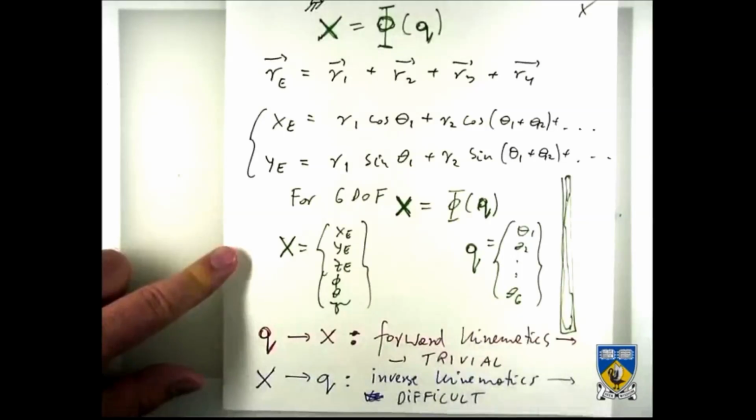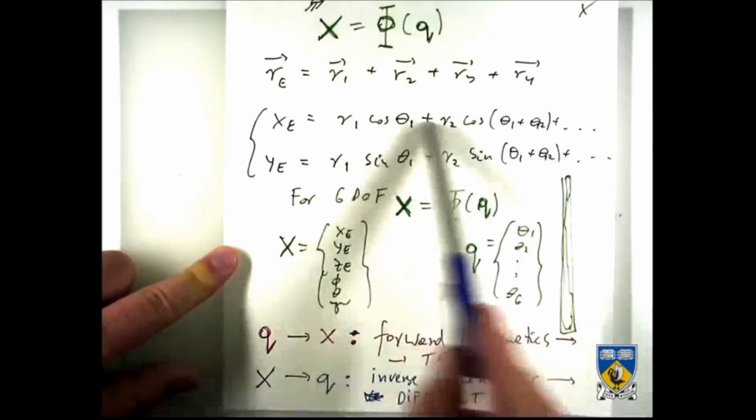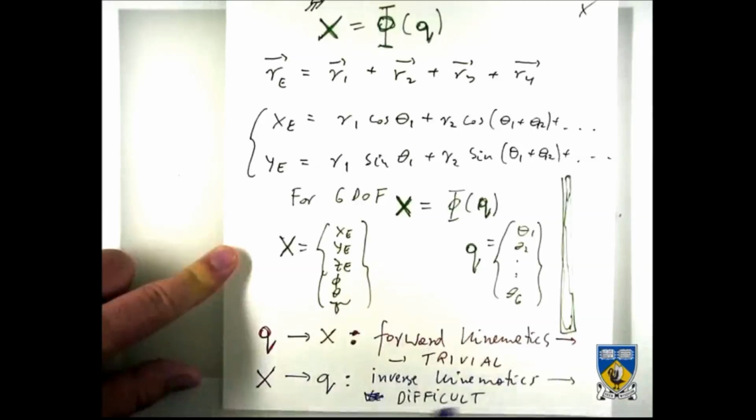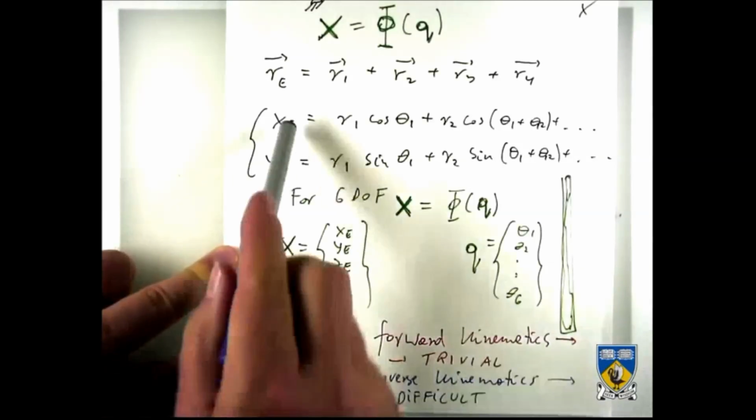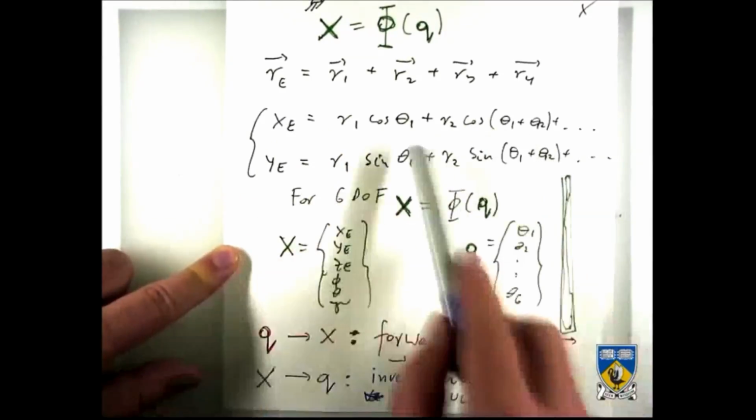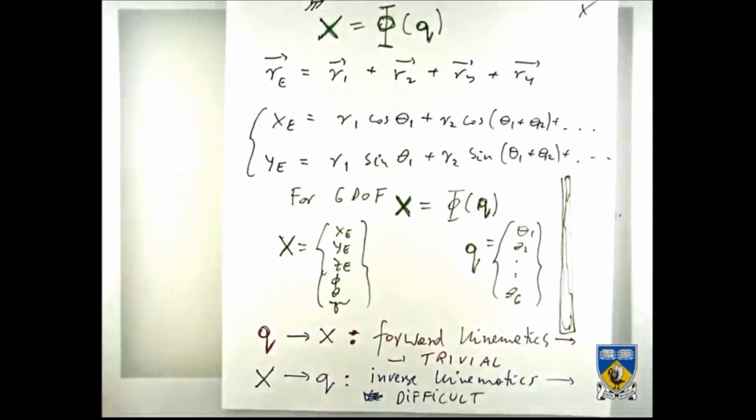The forward problem is trivial, because you just substitute the joint angles into the right side and you get the position of the end effector. But the inverse kinematics is difficult because you have things here on the left side and you need to find all these angles that are hidden inside the nonlinear functions.